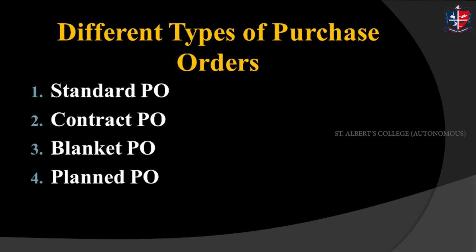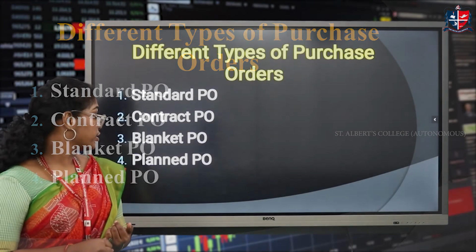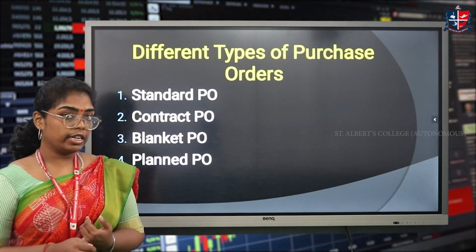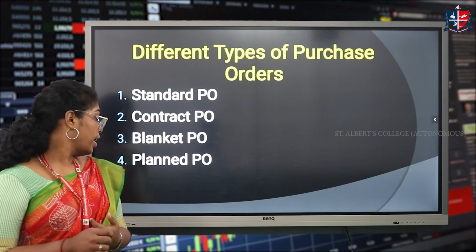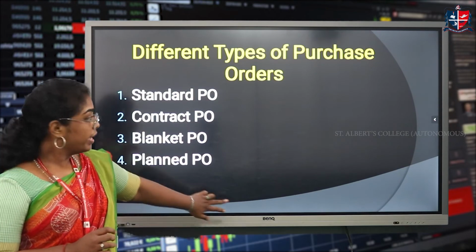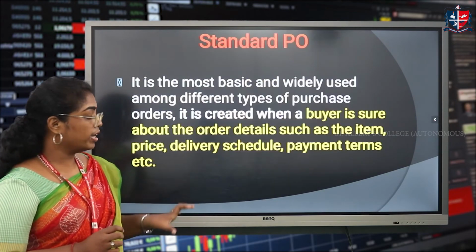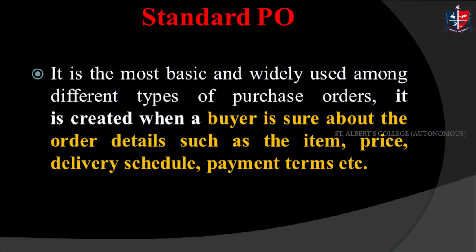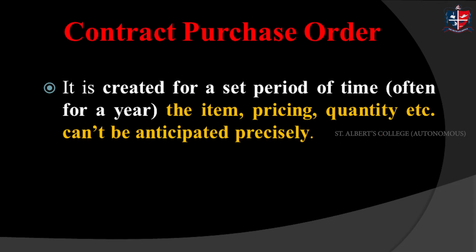Now, just discussing the types once again. They include standard purchase order, contract purchase order, blanket purchase order, and planned purchase order. In the case of a standard purchase order, the buyer will be sure regarding all the details of an item, such as item details, quantities, delivery schedule, price, etc. The second one is contract purchase order.